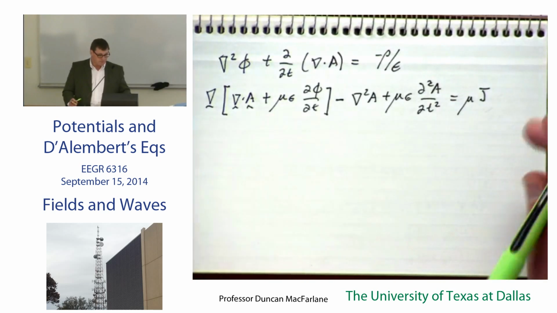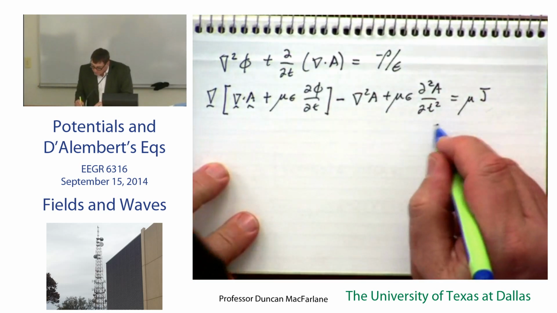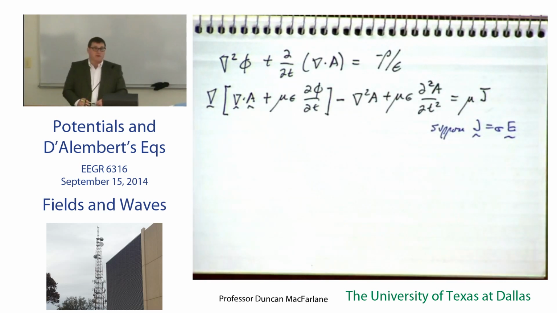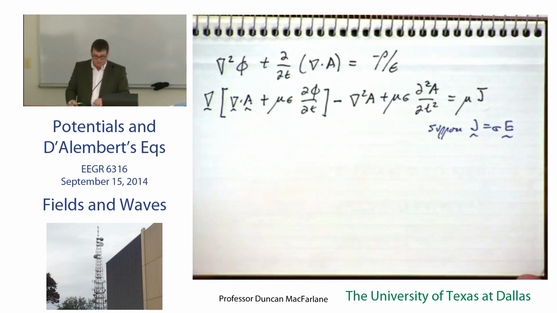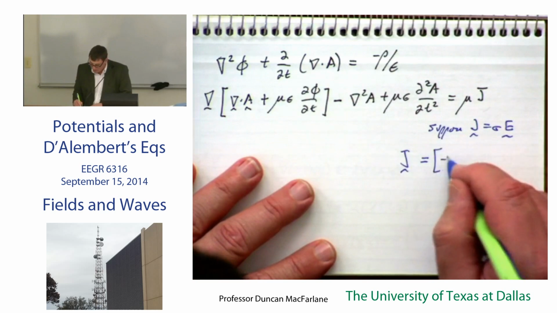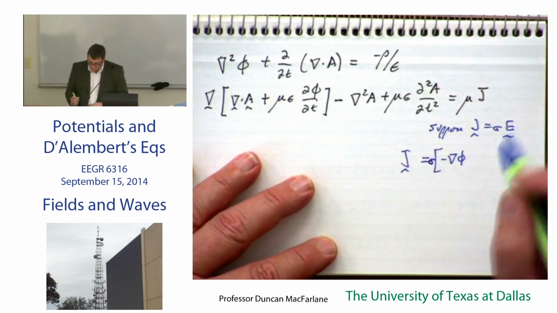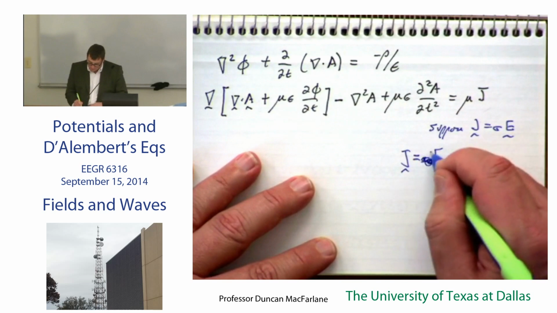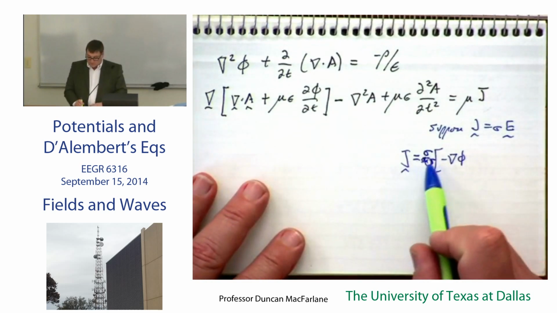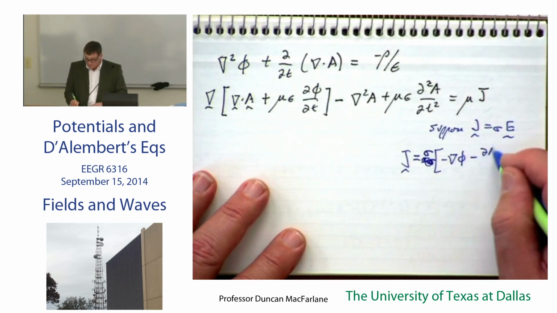Suppose J is equal to sigma E. And what that means is that J is equal to sigma times minus the gradient of phi minus del A del t.